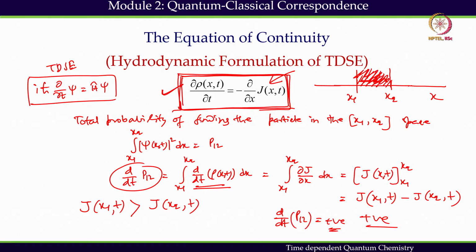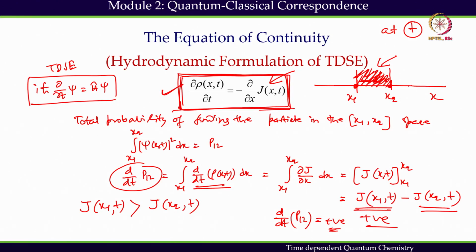So what does it mean? At a particular time, at this point the current and at this point the current are different, let us say. If they are equal, then there is no effective change in the probability here; the probability is not changing as a function of time.